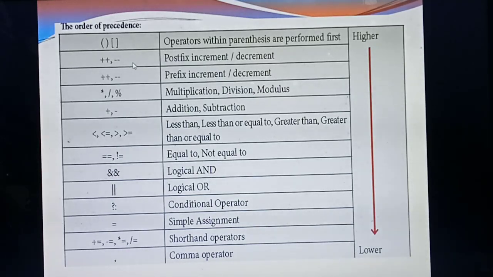For example, a plus b into a minus b equal to 5: first it will calculate inside the bracket, a plus b. Next it will give priority to plus and minus, then multiplication. Based on this priority only the operators will run. Each operator has its own name, so just read it. No need to memorize.